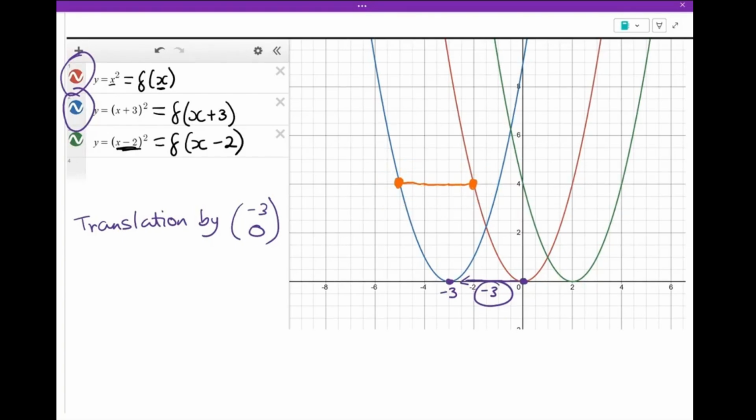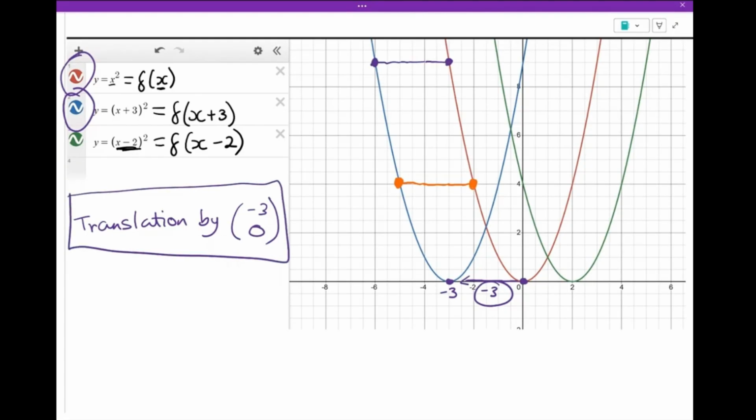So it seems that this translation does check out for other points on the curve. Let's just check one more just to be sure. I'm going to pick this one up here, and let's move 3 to the left. So 1 to the left, 2 to the left, and then 3 to the left, like that. And we're on my blue curve. Therefore, all the points on the red curve have been translated by -3, 0.